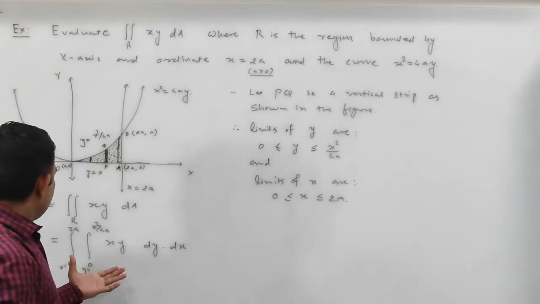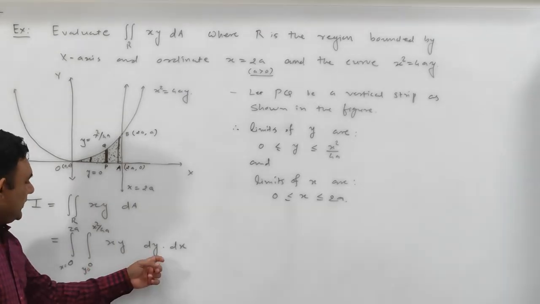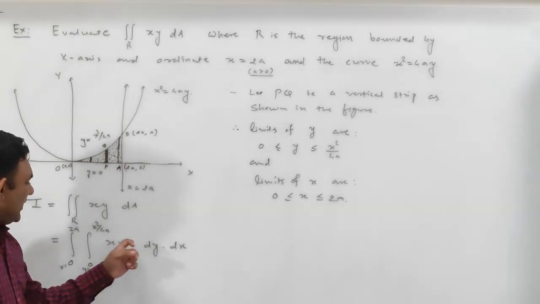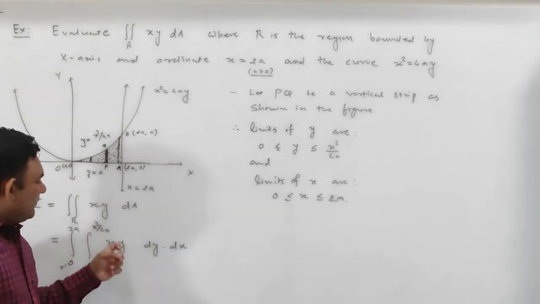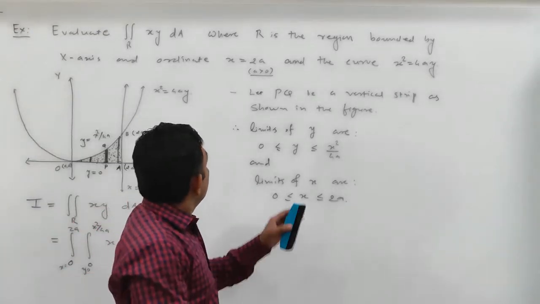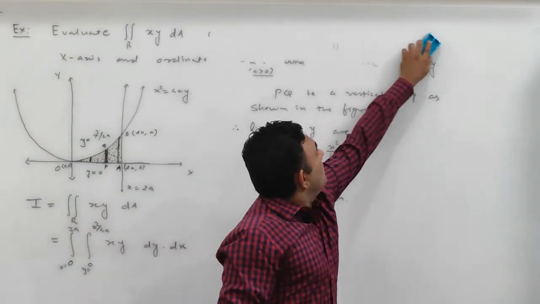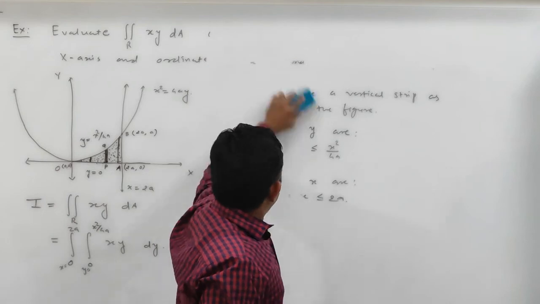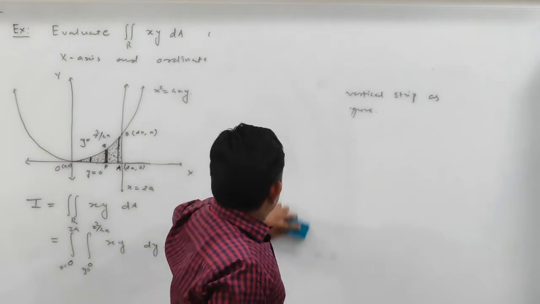Now it is a simple problem. First we integrate with respect to y, because the limit of y is variable. When we integrate with respect to y, according to the rule, the variable x will be treated as constant.